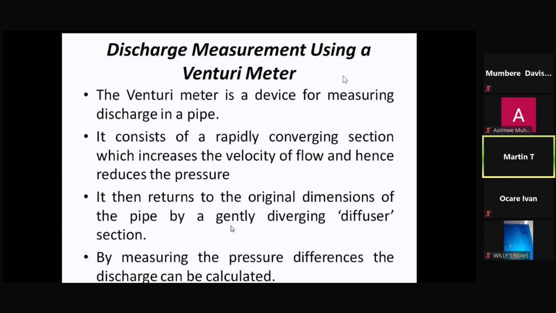So if we measure the pressure difference at the start of the venturimeter, and then at the smallest cross section in the venturimeter, at the start of the diffuser, then you can use that pressure difference to determine the discharge.